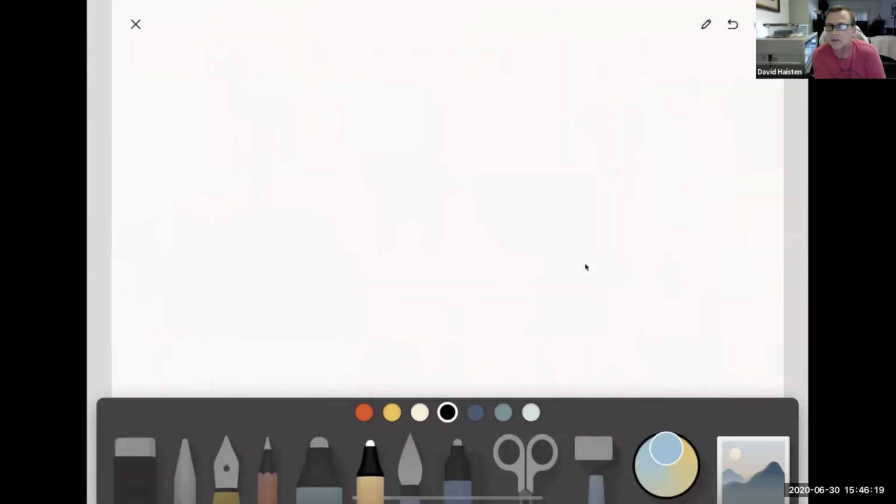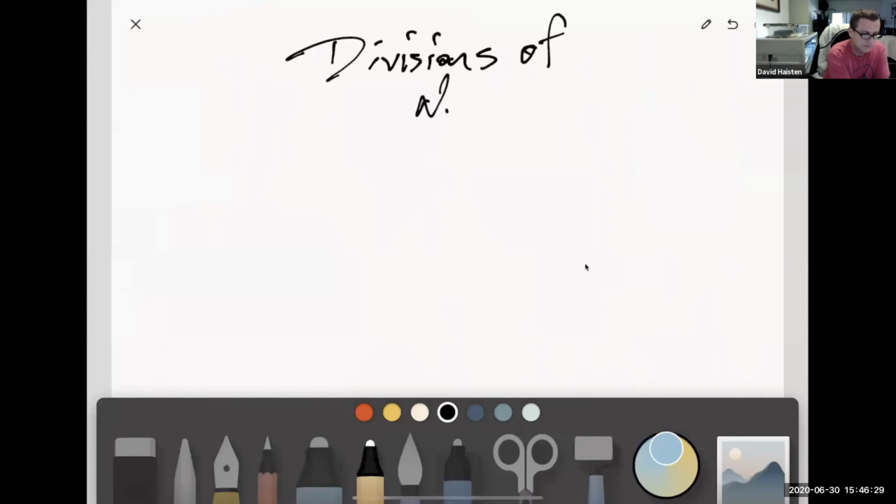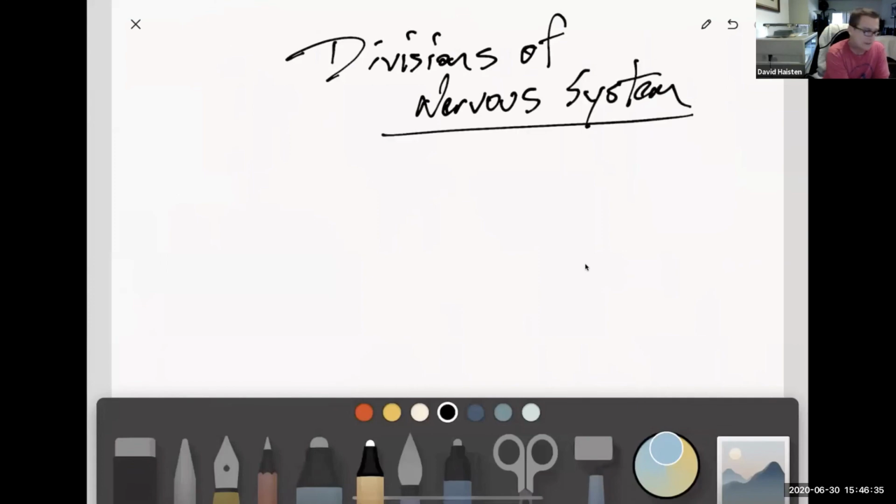All right, so here's what we have. Divisions of the nervous system. We have what is called the CNS. That stands for central nervous system.